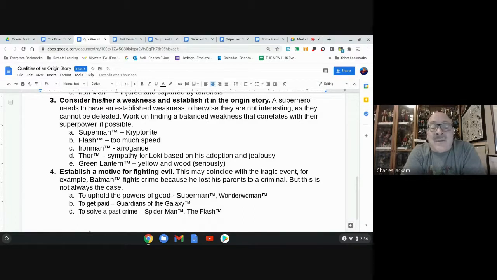Green Lantern, well, depending on which era, Silver Age, it's the color yellow. Golden Age, it's the substance wood. So literally, a pencil could kill Golden Age Green Lantern, and if it was a yellow pencil, it could kill Silver Age Green Lantern too. They have to have a motive for doing what they do. There is a reason that pushes them.